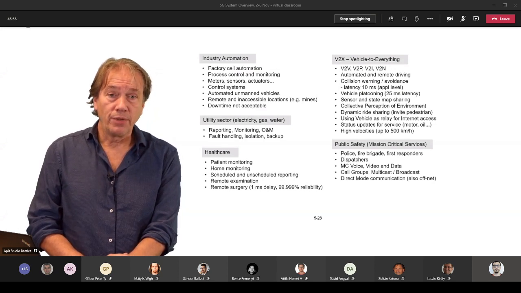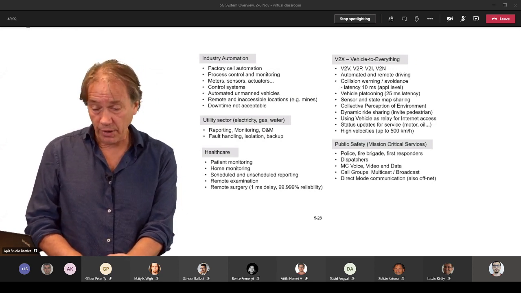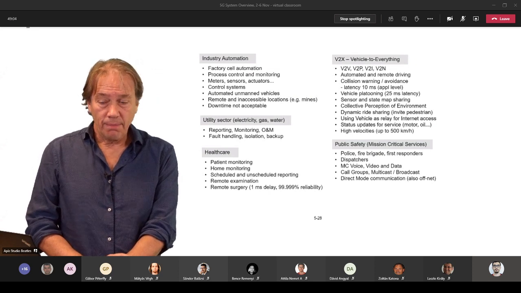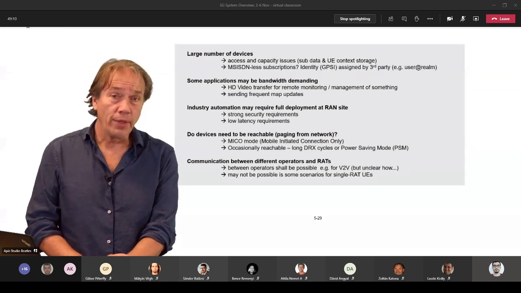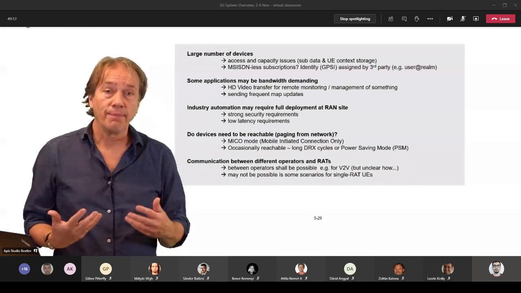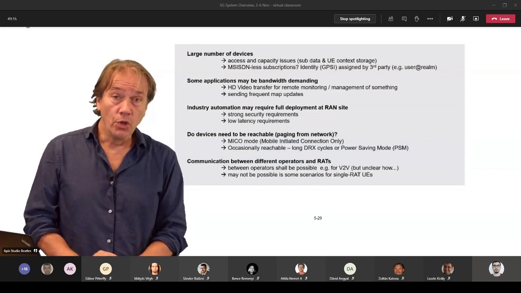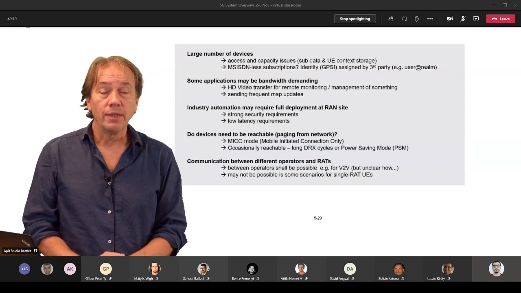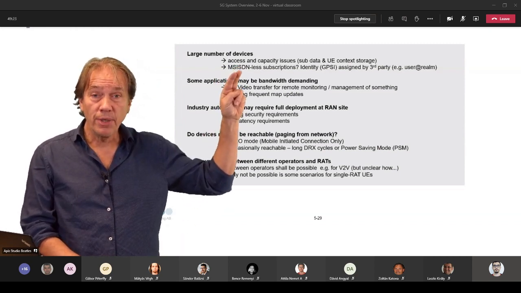I picked these things from some white paper somewhere. We will not, or I will not read everything. When an operator designs and dimensions a URLLC type of network slice, how many devices will there be?